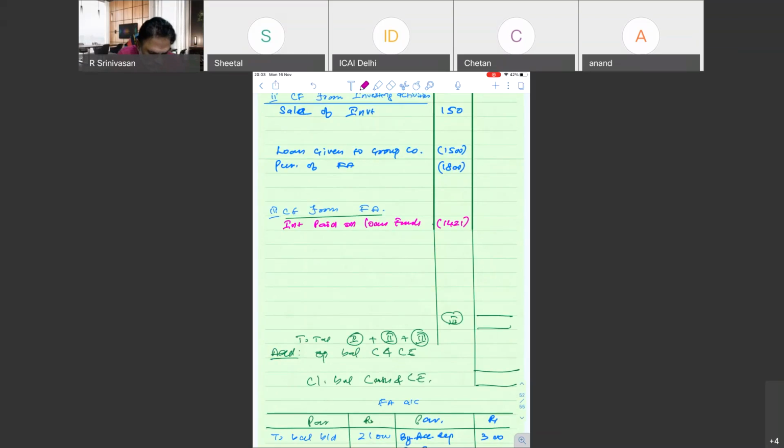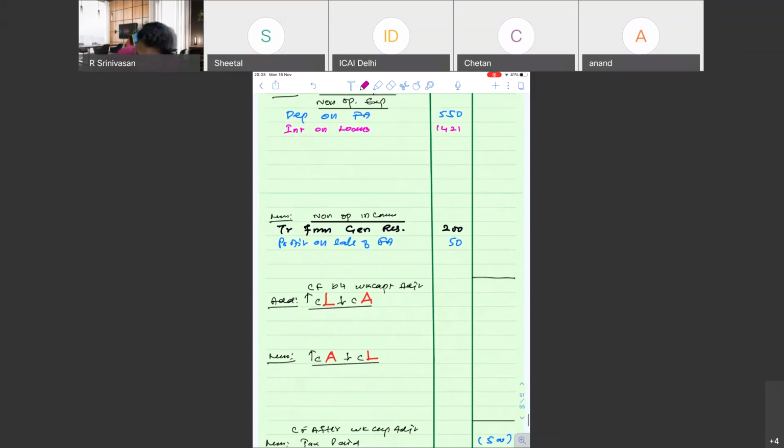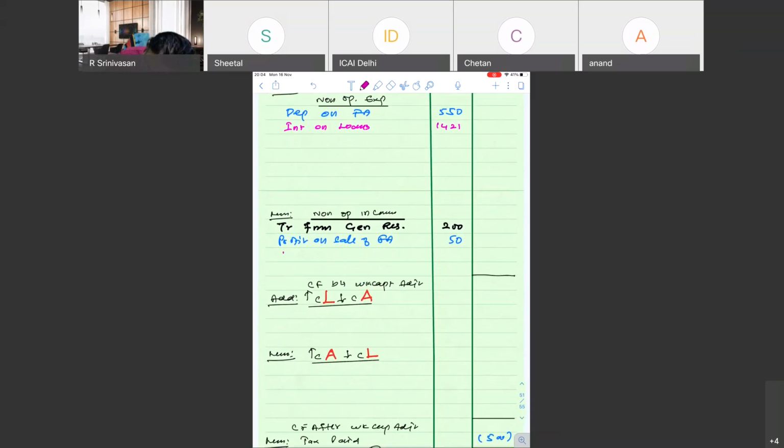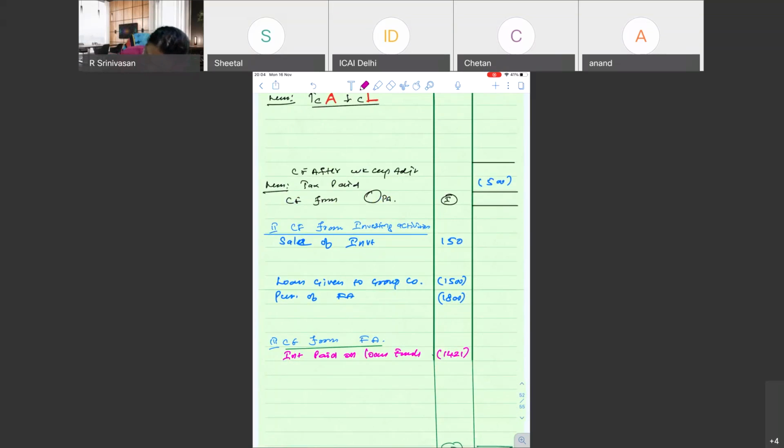Investments costing 20 lakhs were sold at 25 lakhs. So dividend income is 4,02,000. So we have to take that also. Dividend income 4,02,000, 402, it will be coming in the investing activities.